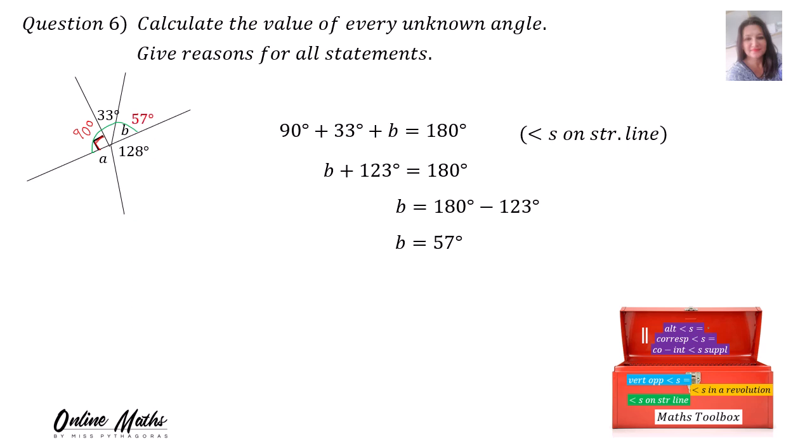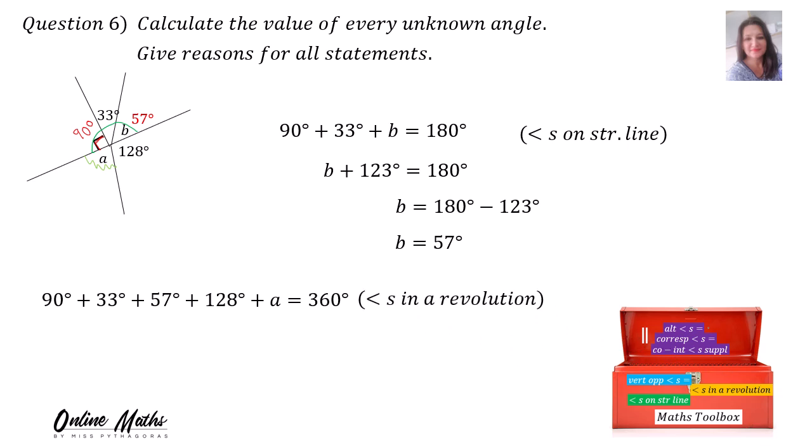And then your last little angle that you find there is this angle here at A, and we will find that one by using the theorem of a revolution. Angles in a revolution add up to 360 degrees.